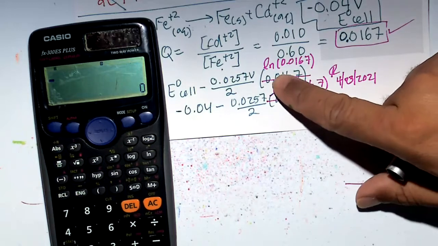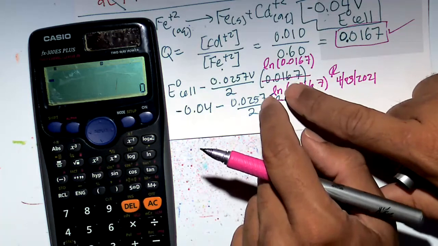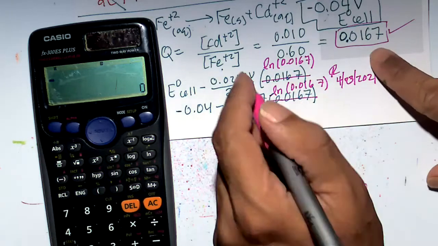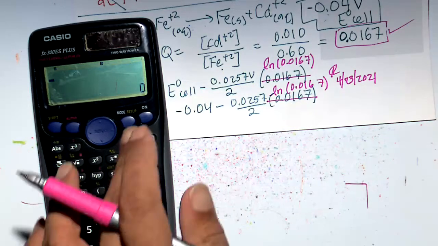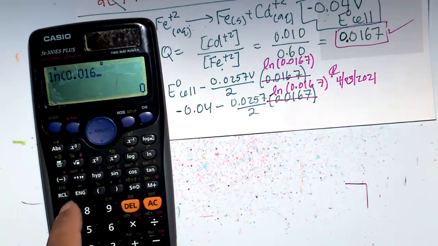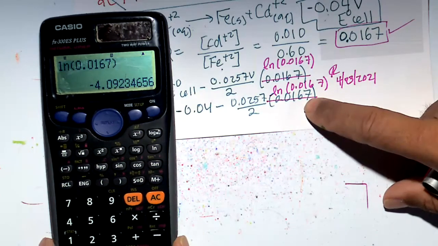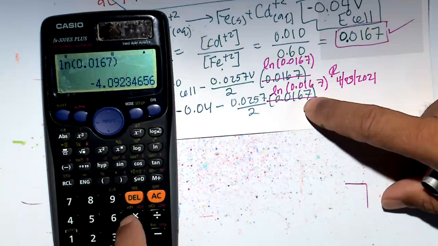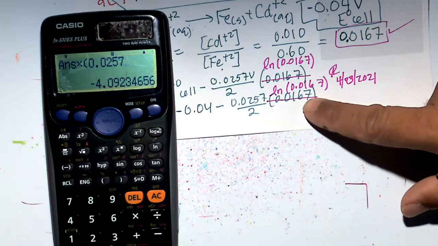All right, so obviously if you have the correct equation, it's natural log of Q, and Q we calculated here is 0.0167. So natural log of 0.0167, close those parentheses. We get that, okay, now this is tricky, times 0.0257.